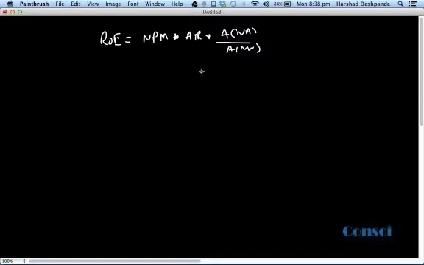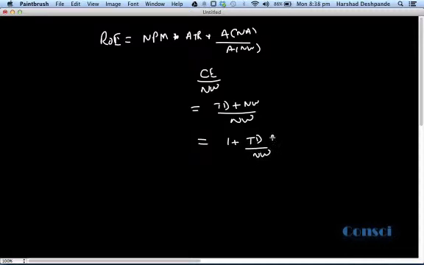So net assets can also be written as capital employed upon net worth, which is total debt plus net worth upon net worth. So this is 1 plus total debt upon net worth. Basically the ratio is 1 plus debt upon equity.